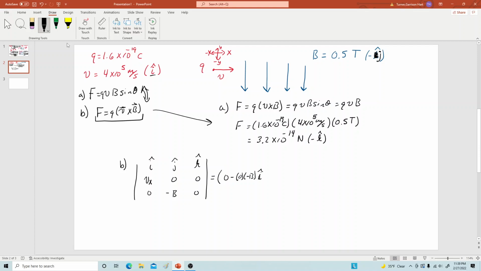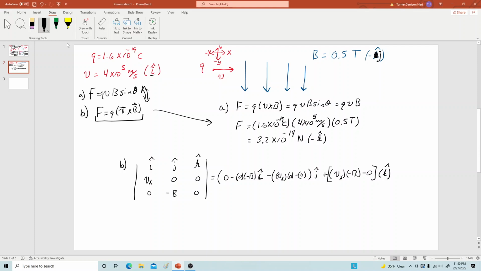I keep writing J. That's the I direction, minus Vx times 0 minus 0 in the J direction, plus Vx times negative B minus 0 in the K direction. Okay?